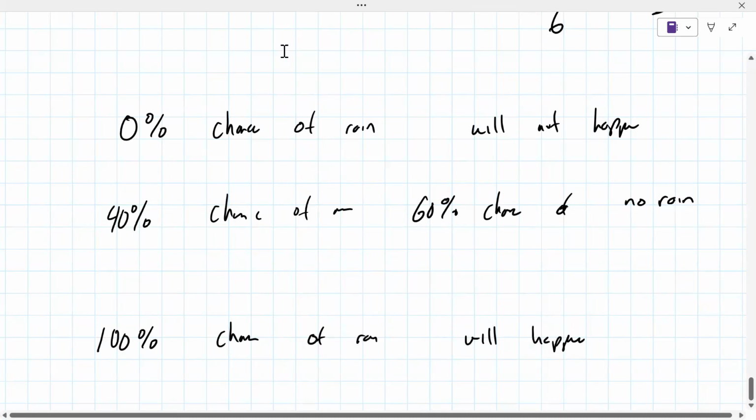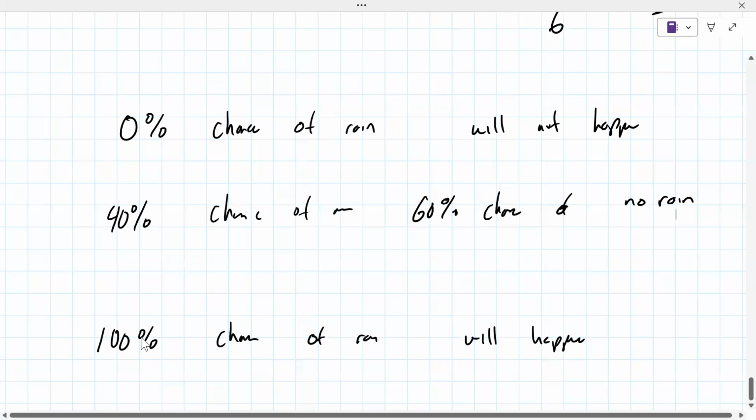Yeah, but it could rain in some parts and not in others. We can use a different example, but I think the mistake is thinking that 40% means it's a high likelihood of raining. It's actually not. It's 60% chance that it will not rain, which is less than 50.